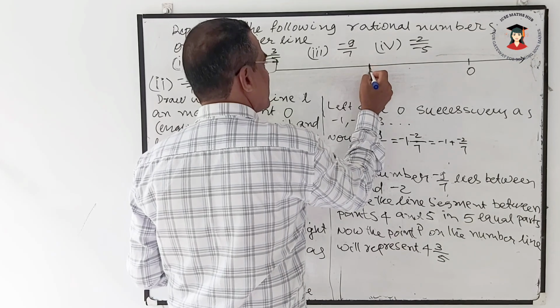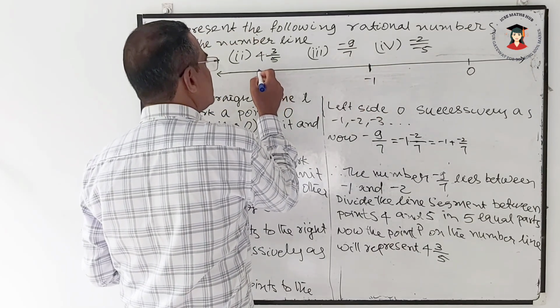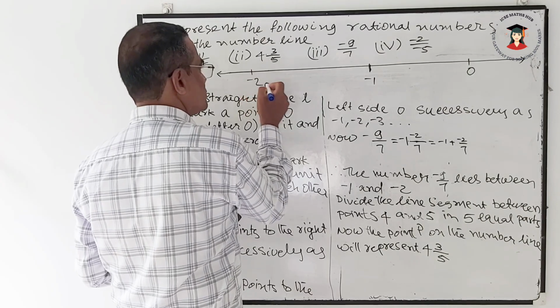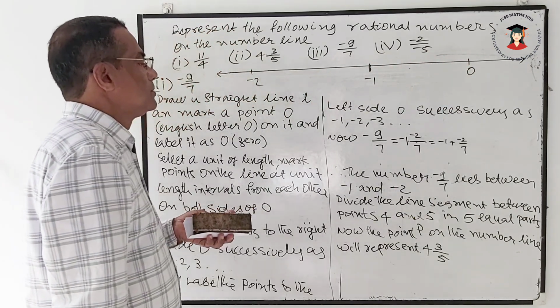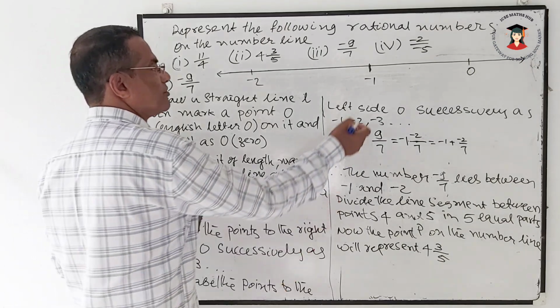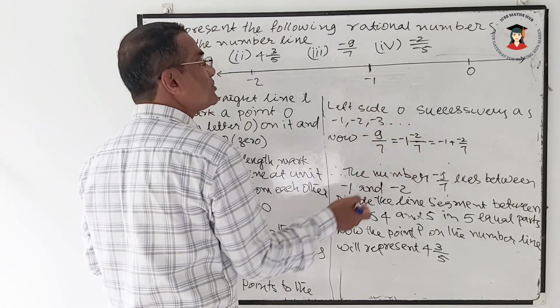This is minus 1 and here it is minus 2. Mark this length equal. So minus 1 we have reached up to here. Now here it is minus 2 by 7.